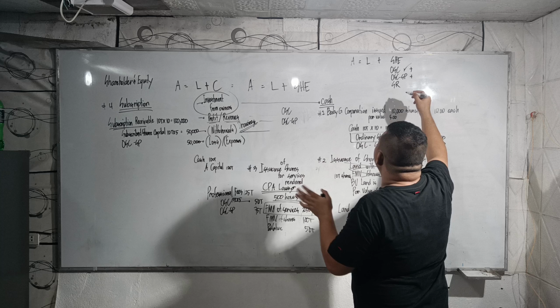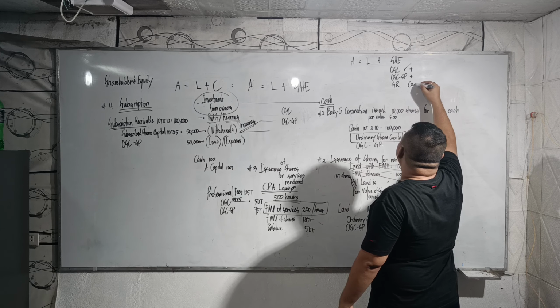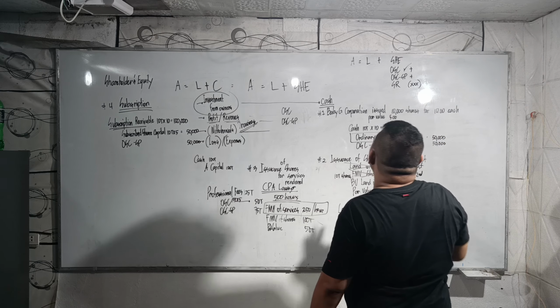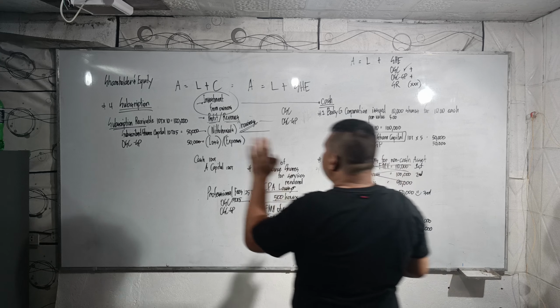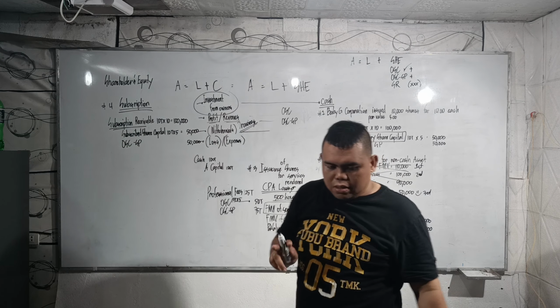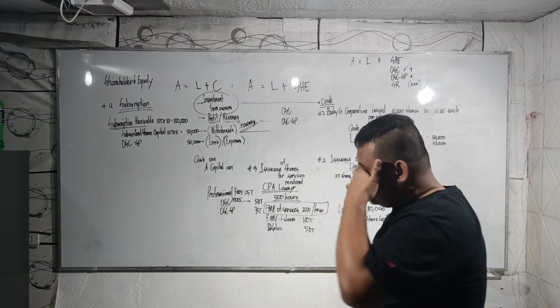Subscription receivable is a shareholders equity account. However, this is to be deducted. These two are added to the shareholders equity balance, while the subscription receivable is deducted. And as you can see, it has a debit normal balance. Okay?